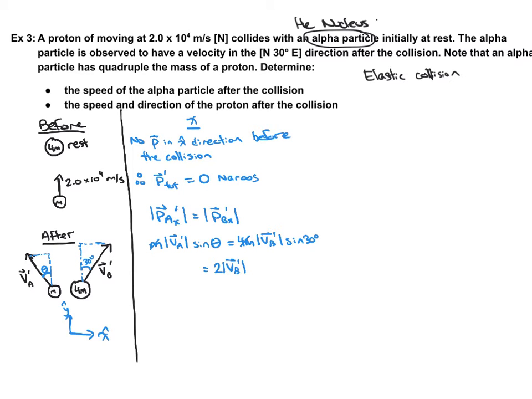And on the left side, I'll have vA prime and sine of theta. So this here, that's going to be called equation 1. And you may notice that equation 1 has 3 unknowns in it: 2 unknown velocities and an unknown angle.